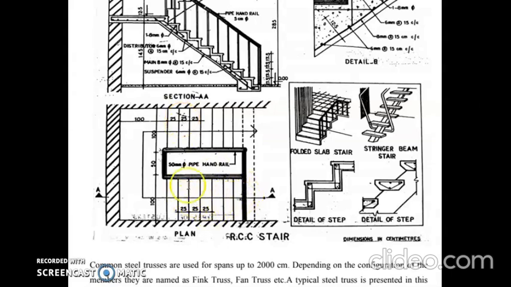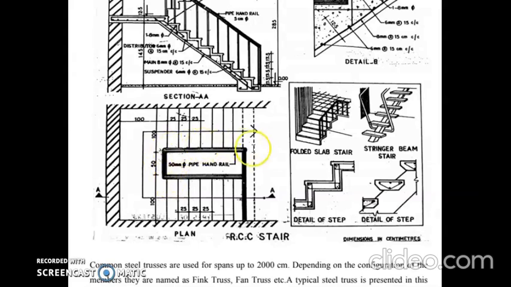If you draw these vertical lines, then take 100 centimeter from this point and 100 centimeter from this horizontal line. Then draw a horizontal line from the first rise line, and this piping width or the piping diameter is given as 50 mm or 5 centimeter.